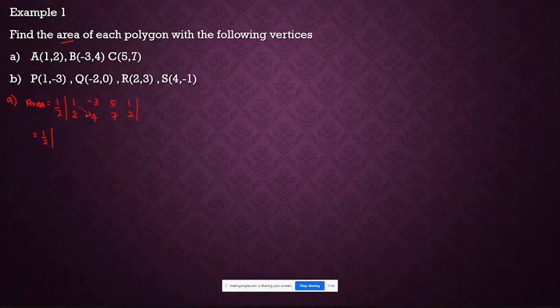We multiply here: 1 times 4 plus negative 3 times 7 plus 5 times 2. Okay, the first part, you get the value. I put in bracket. Then minus, second part, the other side: negative 3 times 2 plus 5 times 4 plus 1 times 7.